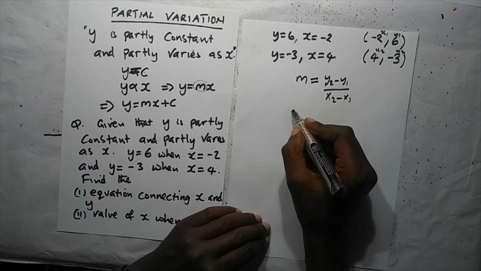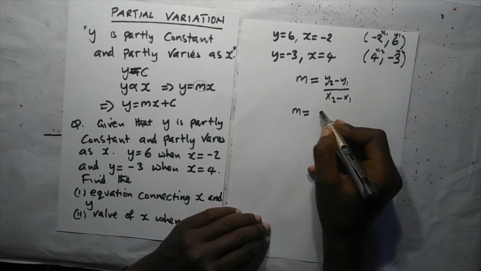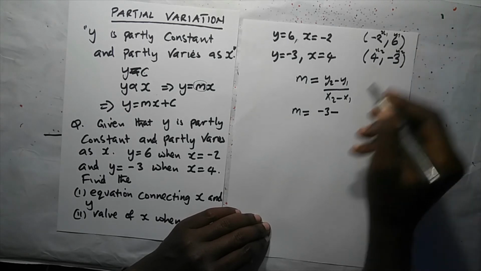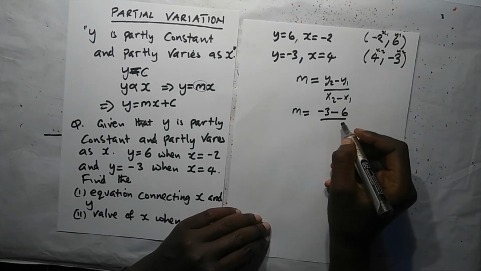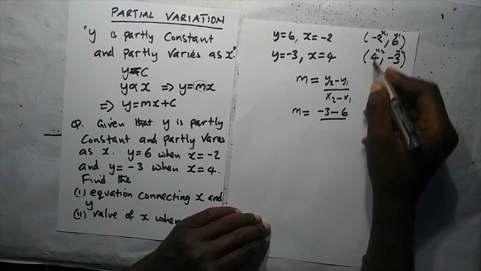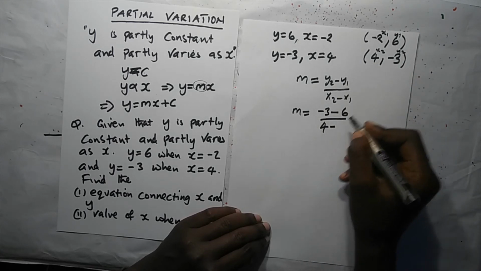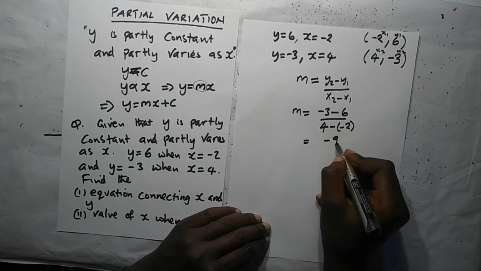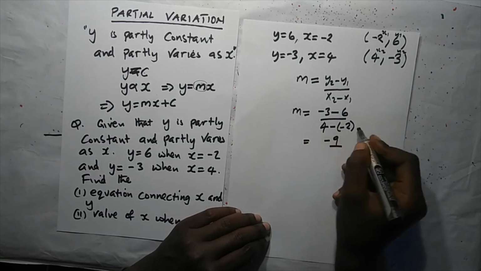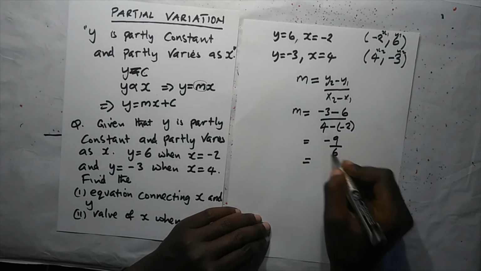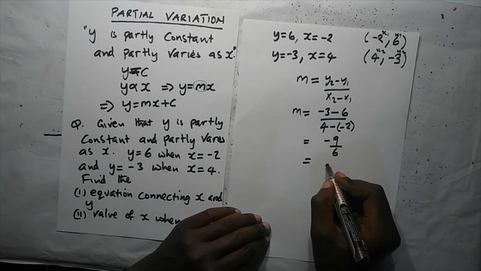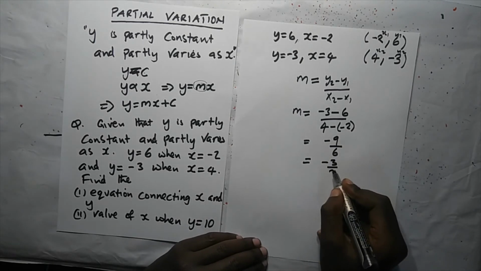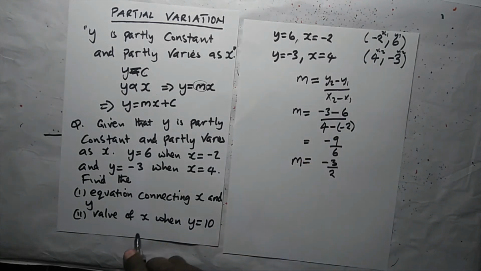And so here we are going to have m is equal to y2 is negative 3 minus y1, which is 6, divided by x2, which is 4, minus x1, which is negative 2. And so this is going to give us negative 9 over 4 plus 2 is 6. And so here, when we simplify, 3 can go into both numbers. We are going to have 3 into 9, this is negative 3, over 3 into 6, 2. So we have found our m.